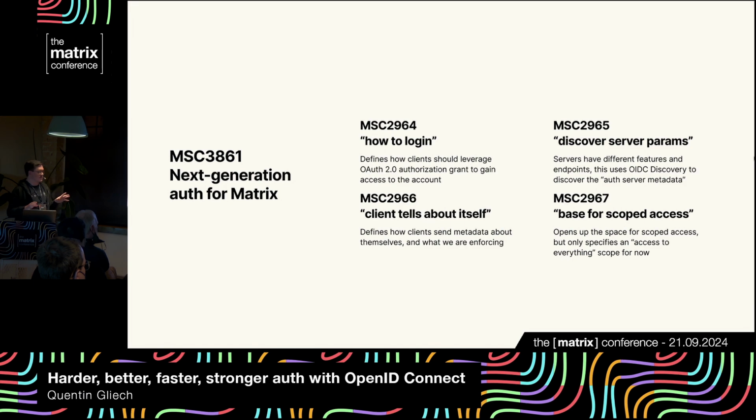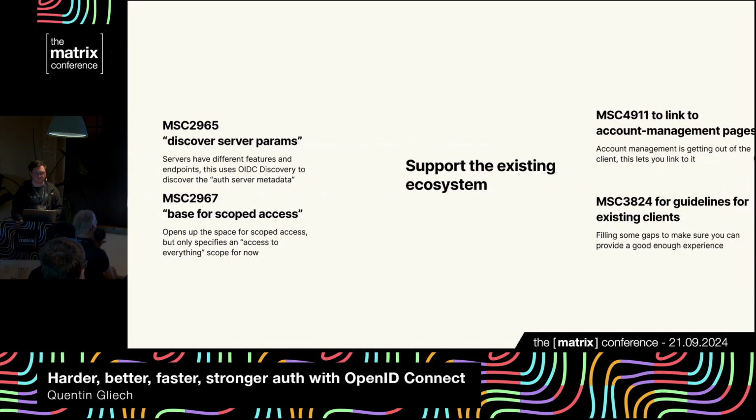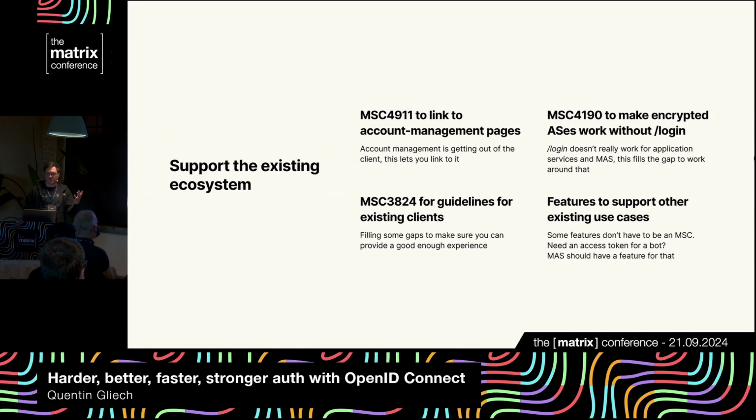It doesn't yet define any restricted access, but it's the base for more things going forward. Then we also have a bunch of MSCs that are here to fill in the gaps to support the existing ecosystem. Probably the more interesting one is 4911, which introduces a way for your client to deep link into specific account management pages on your homeserver.